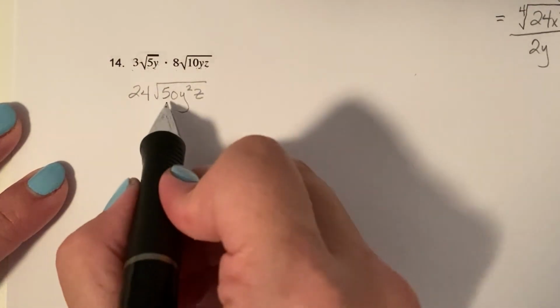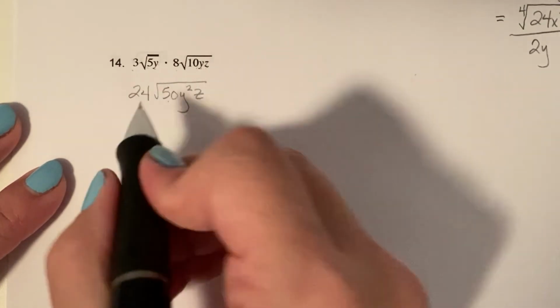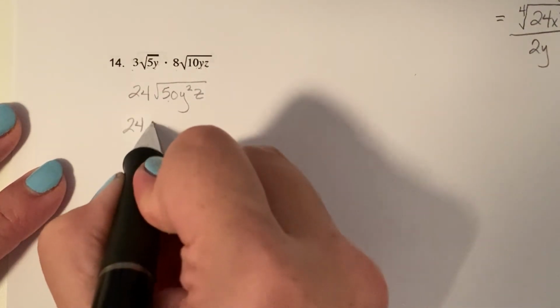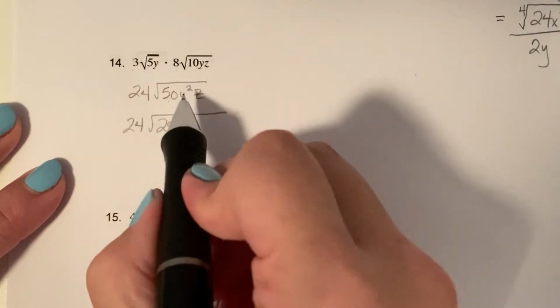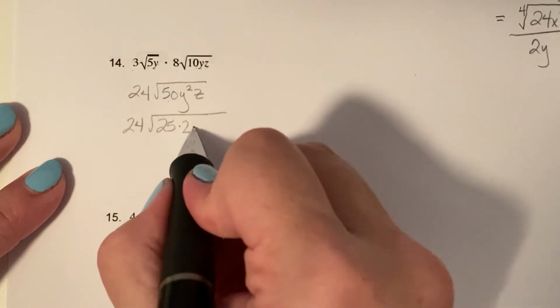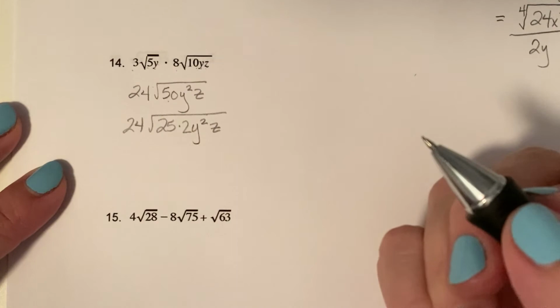Okay, now reduce. Again, what perfect square goes into 50? That'll be 25 times 2. 2 is already divisible by the 2, so we keep that. And we can't reduce the z.